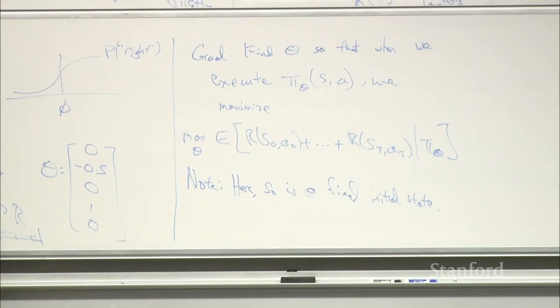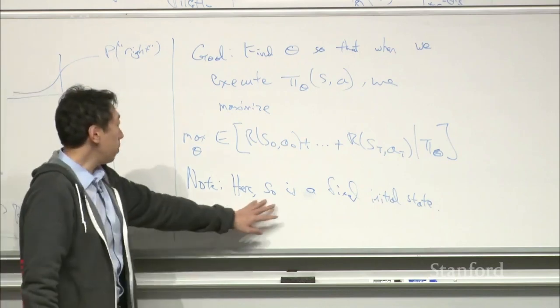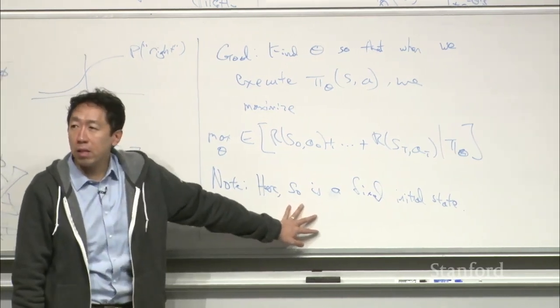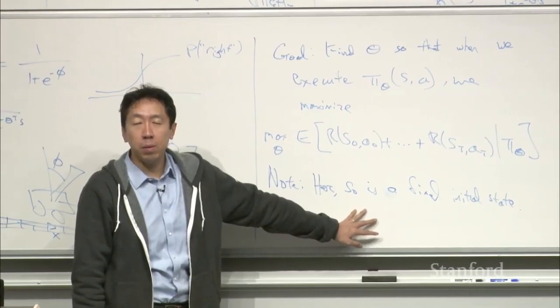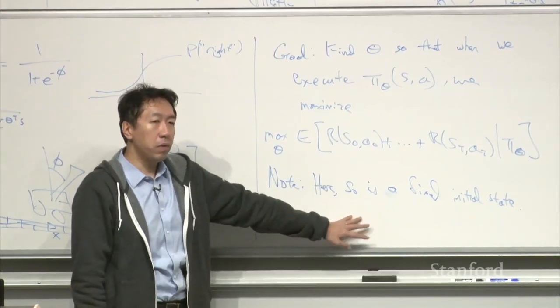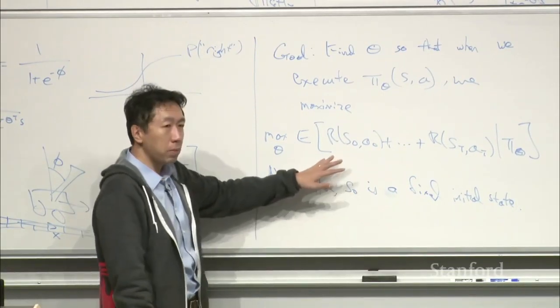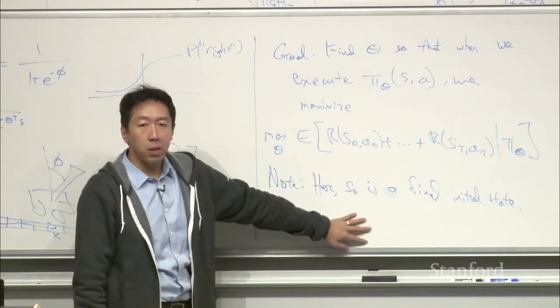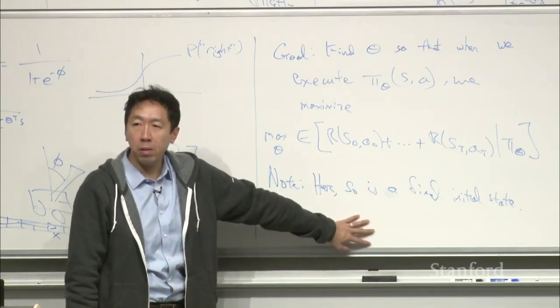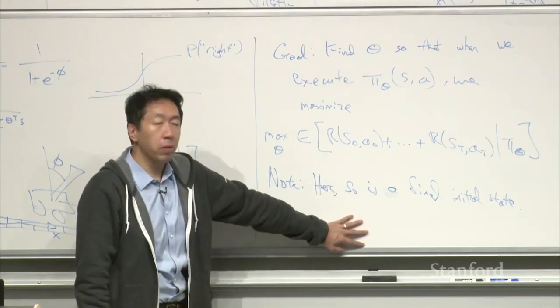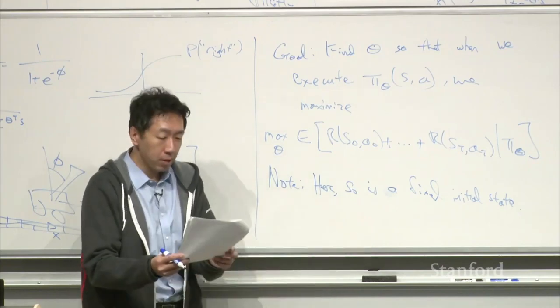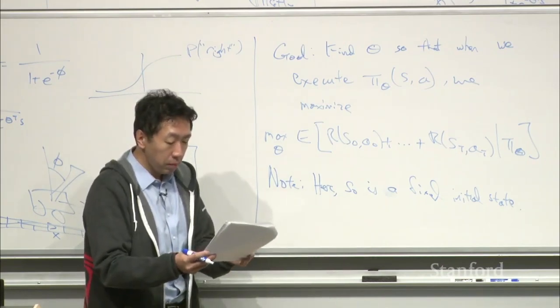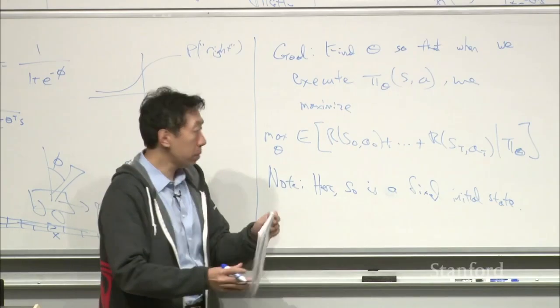And it's kind of no matter what state you start from, it's simultaneously the best possible policy for all states. In direct policy search, we assume that either there's a fixed start state, fixed initial state S0, or there's a fixed distribution over initial states. I'm going to try to maximize the expected reward with respect to your initial state, or with respect to an initial probability distribution over what is the initial state. Okay? So that's one other difference.